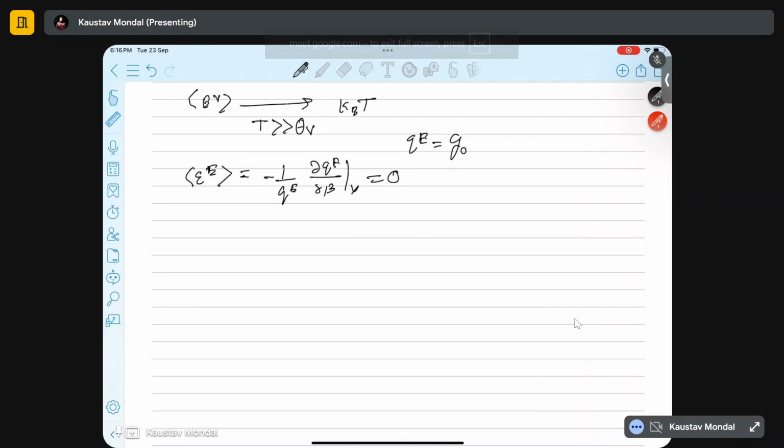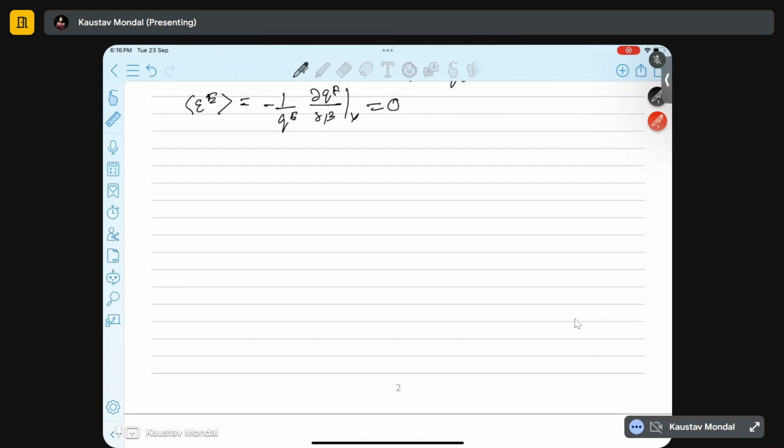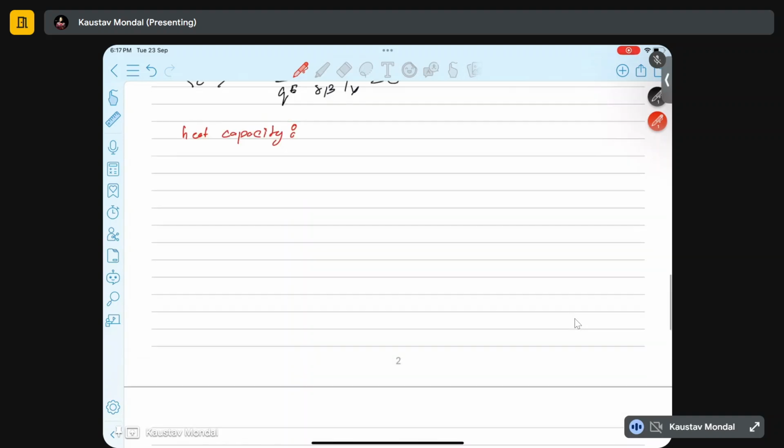So specific heat or heat capacity. In this tutorial we will further extend this discussion. In our last lecture we have discussed the C_V, the specific heat at constant volume.